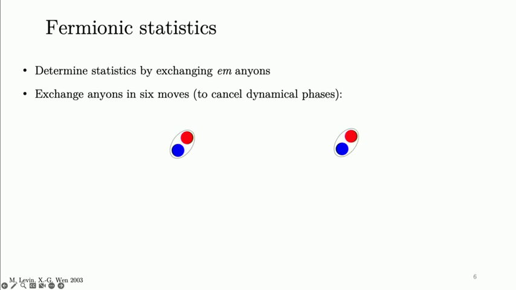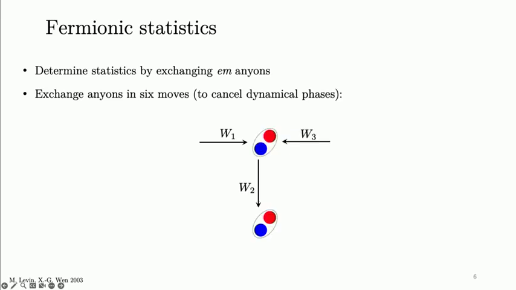Let me illustrate that explicitly. So here I have 2 EM anyons, and I'm going to exchange their positions in such a way that the dynamical phase, the phase picked up upon moving these EM anyons, cancels. So here's what I'll do. I'll move the anyon on the left towards the middle with a string operator W1. I'll move it down. I'll move this one on the right to the left. Move this up.